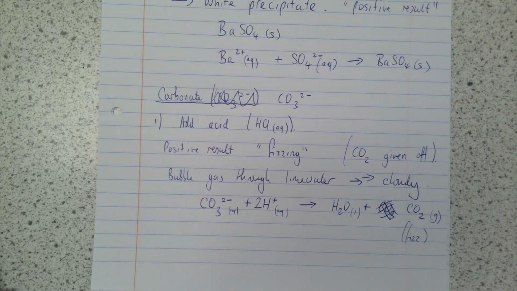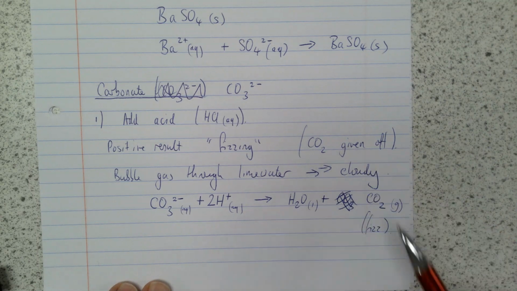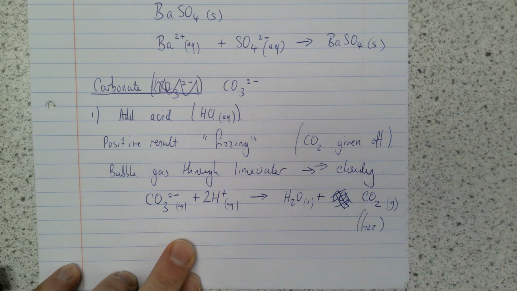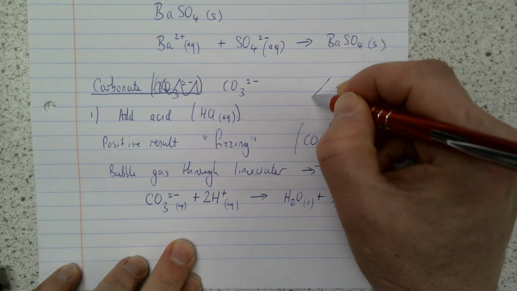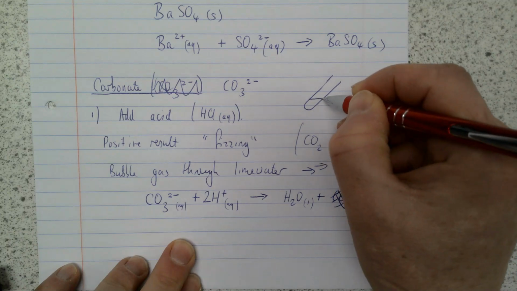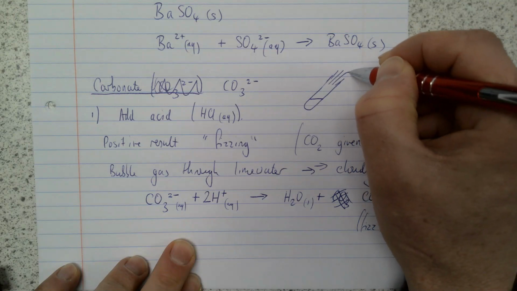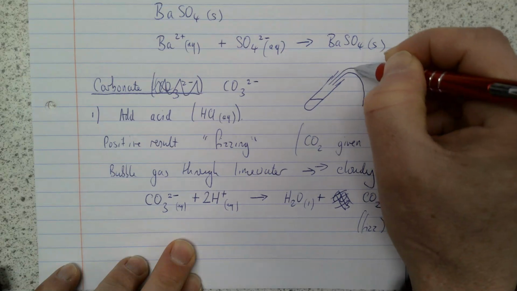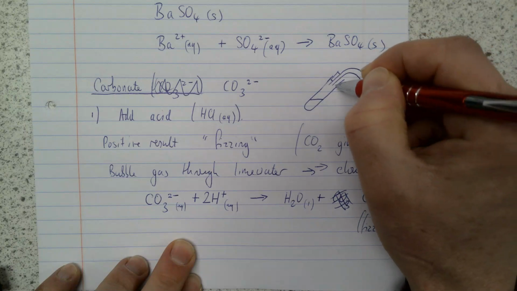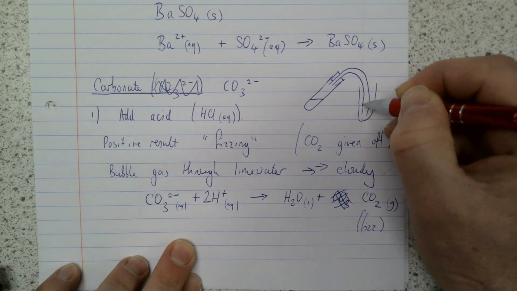So I'll pause this. Just to go back briefly while you're clearing up to this idea of carbon dioxide being given off and testing that with lime water. The way that you can do that, by the way, which I didn't mention, is you do the test in a test tube like so, you add the acid in there, and the way that we pass the gas that's produced through lime water might be to pass through what we call a delivery tube, and that delivery tube will dunk into some lime water.